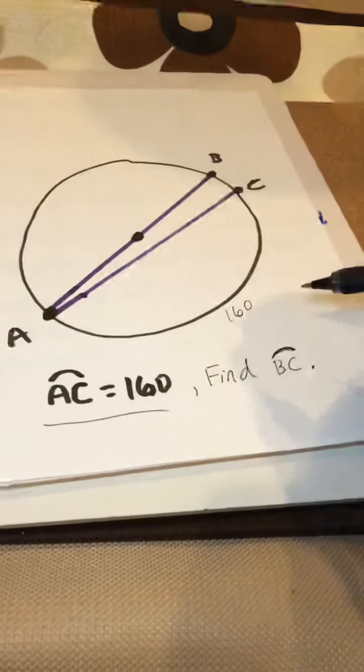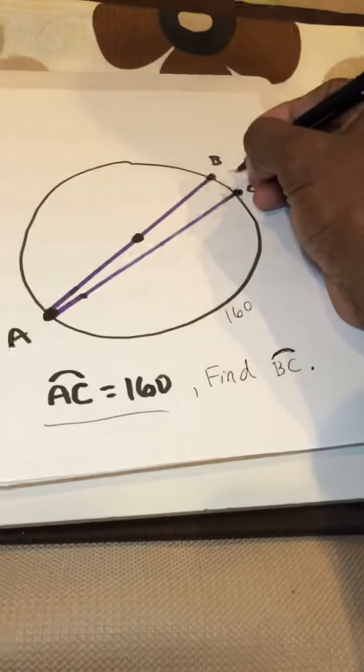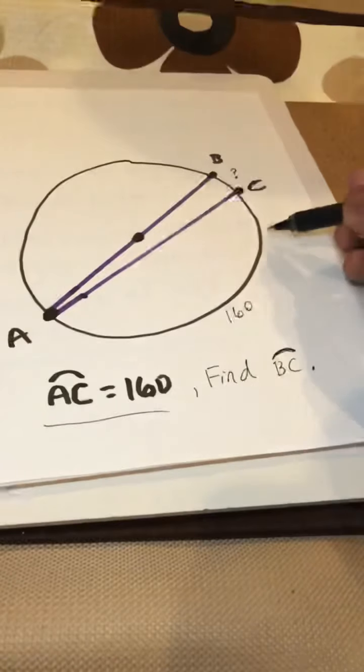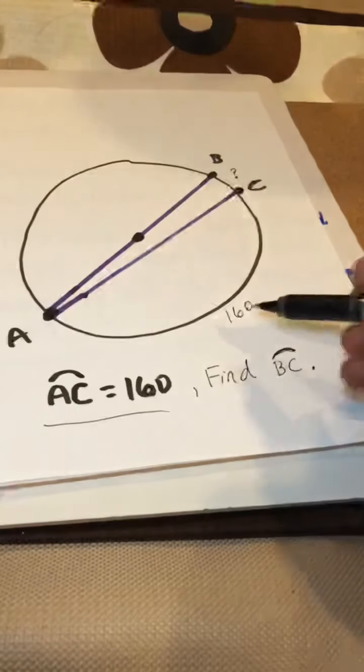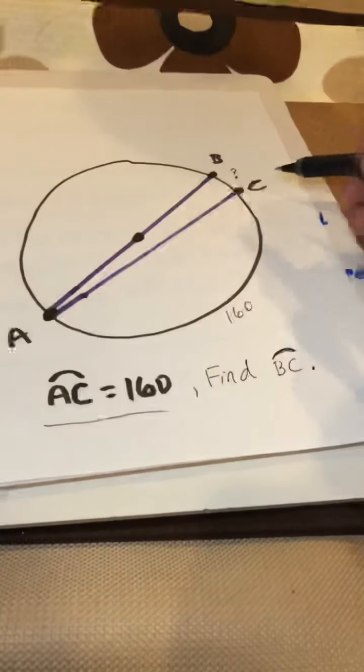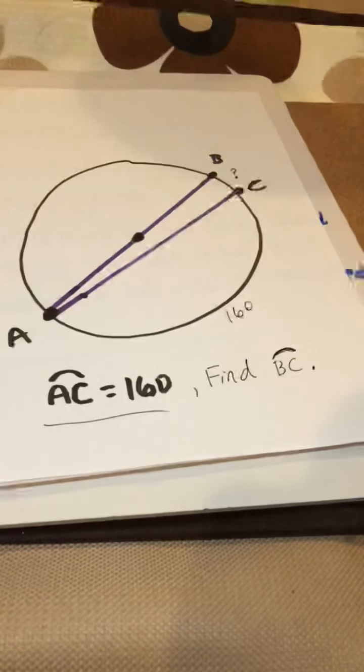So if this is 160, some people use conceptual knowledge to answer that question. What's the measure between B and C if this arc is 160? You can just use the facts that I gave you earlier, and that's what you're going to do: use the facts.